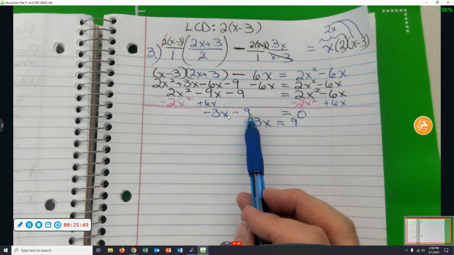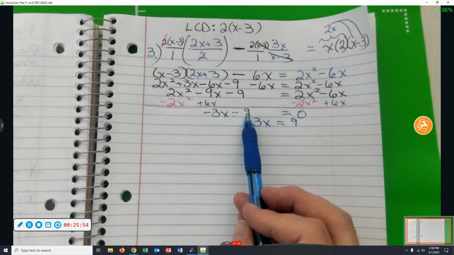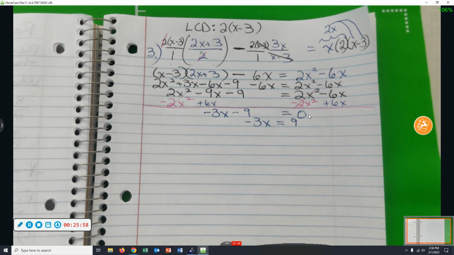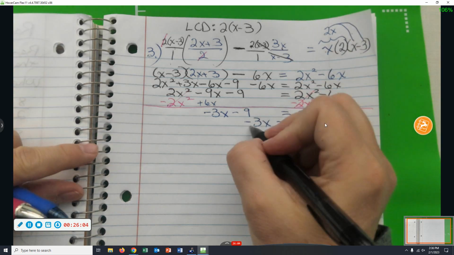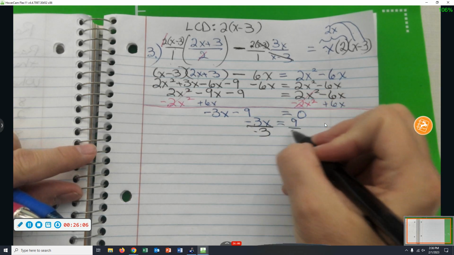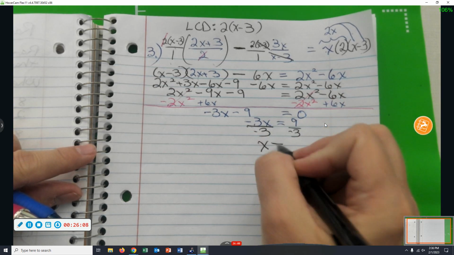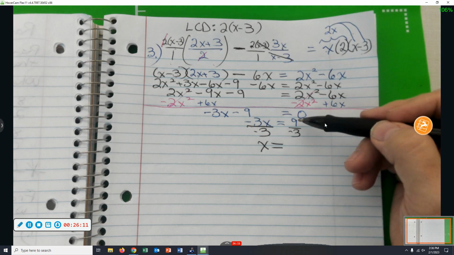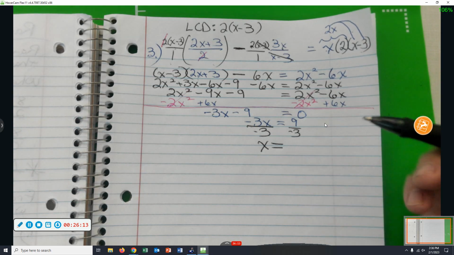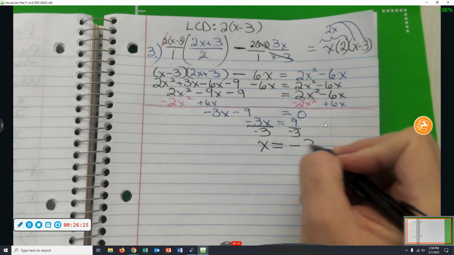The first thing you do, you undo the addition and the subtraction by performing the opposite operation. The opposite of minus 9 is a positive 9. And then what are we going to do? To give us 9 divided by negative 3 gives me negative 3.